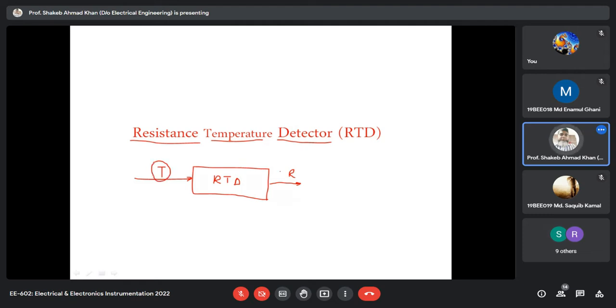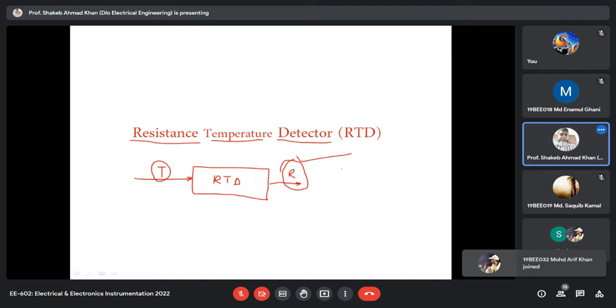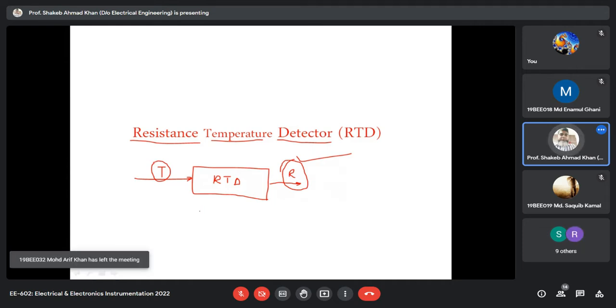What is the material of RTD? Which material is used for making RTD? What is the response equation for RTD?